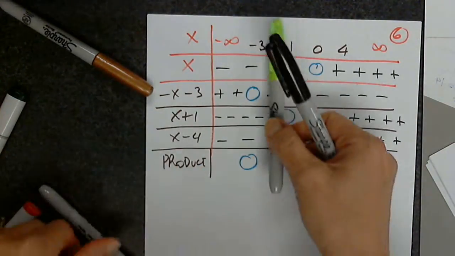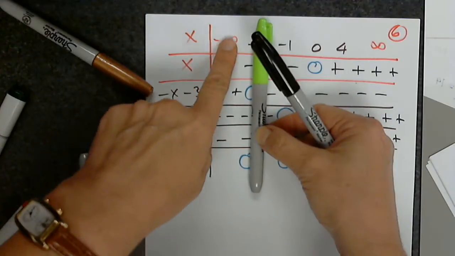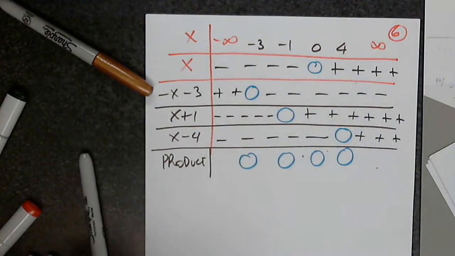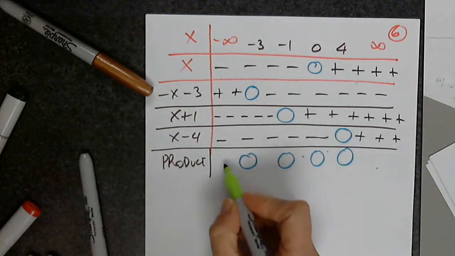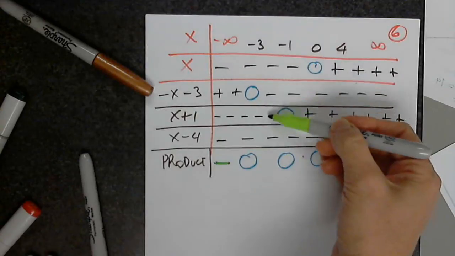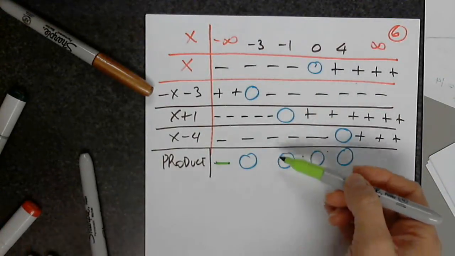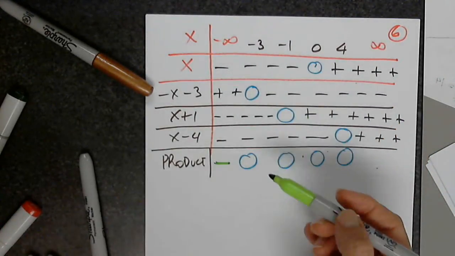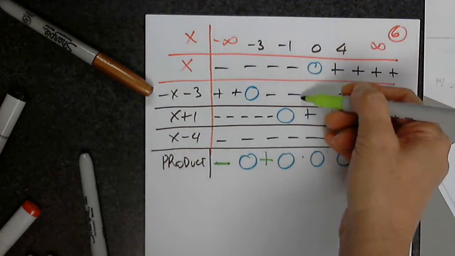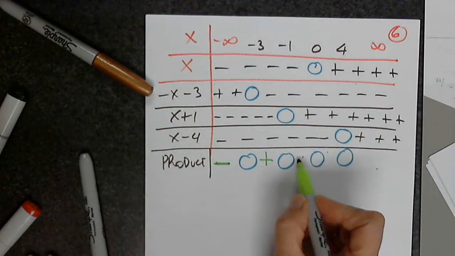Now I see on the first subinterval, I see 3 negatives. When I multiply or divide 3 negatives, what is the sign? Perfect. In the next subinterval, I count 4 negatives. When I multiply or divide 4 negatives, I get perfect. In the next subinterval, I count 3 negatives.